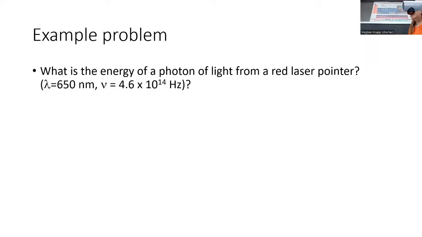Remember, on Wednesday, for that particular red laser pointer with lambda equal to 650 nanometers, we found the frequency was 4.6 times 10 to the 14th hertz. And hertz is just another way of saying 1 over seconds. So we don't need lambda for this. We're going to use n h nu. n is 1, h is the number from the previous page, and nu is what we've got here. So we're just multiplying h and the frequency together.